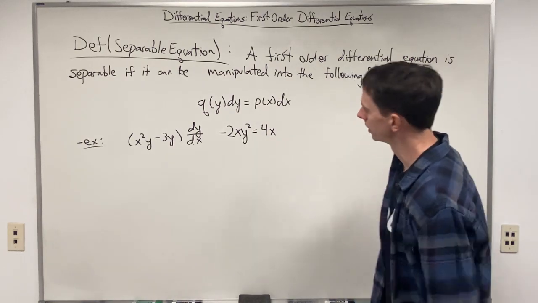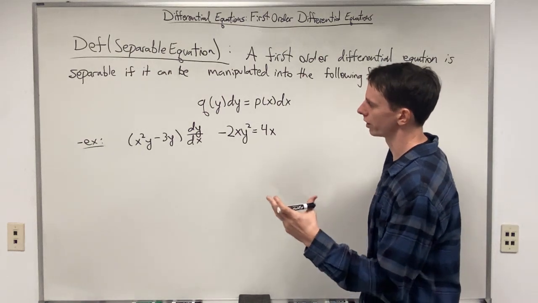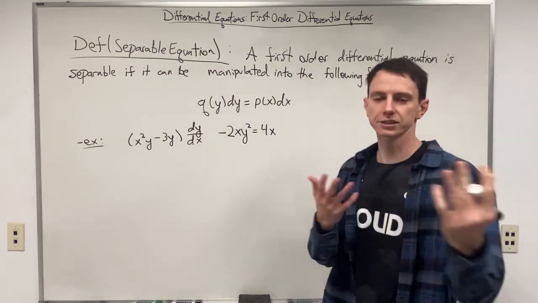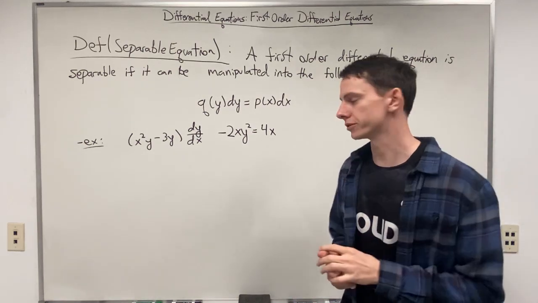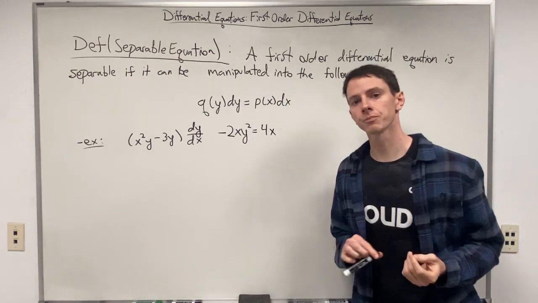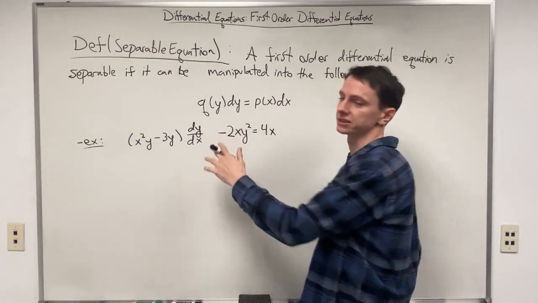Okay, so usually the first thing to do, I guess the straightforward step when checking if a nonlinear differential equation is separable, is you want to get the derivative term by itself.